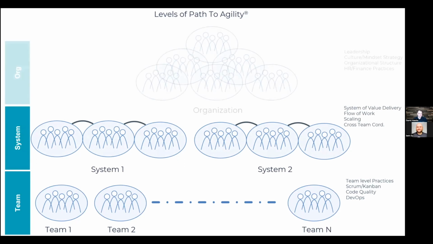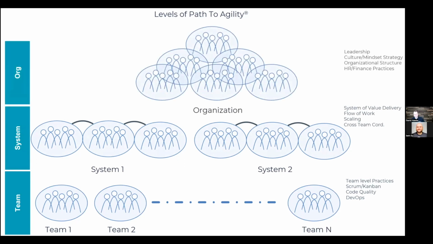But we also need to look at the organizational lens, and at this level we're talking about how leadership is showing up, how our culture and mindset is shifting, our organizational structure. Are we even aligned to value? Our HR practices, our people practices, are those in alignment, or are we still doing project-based budgeting versus funding value streams, for example?